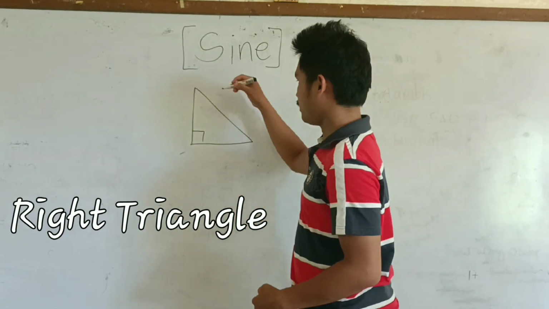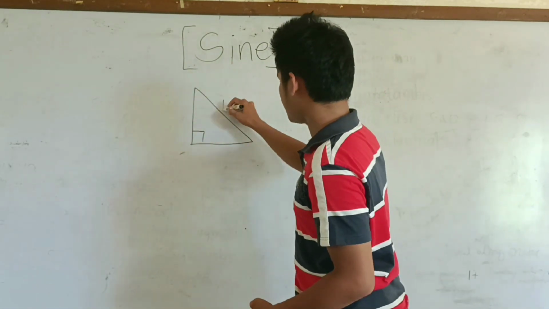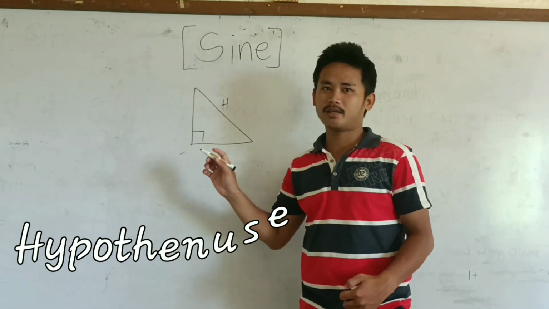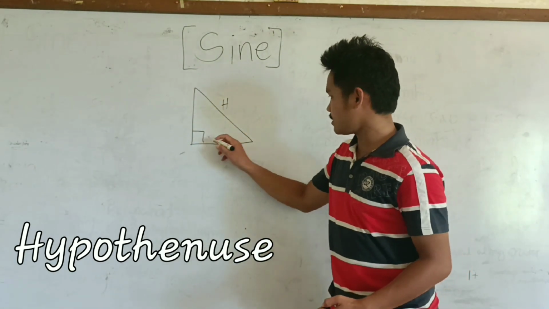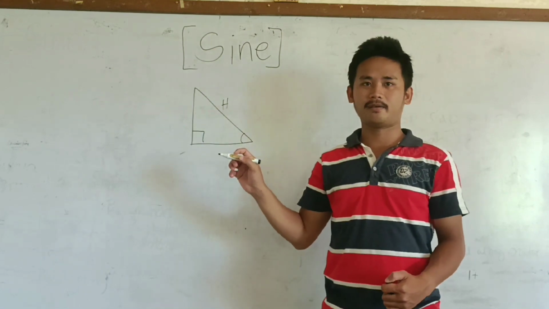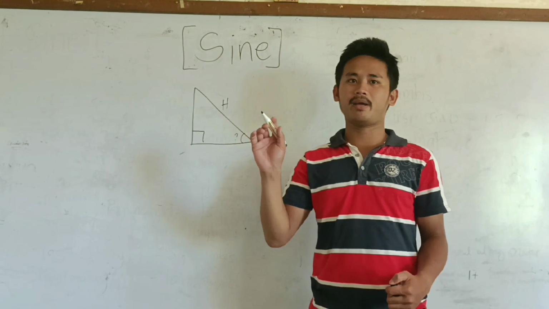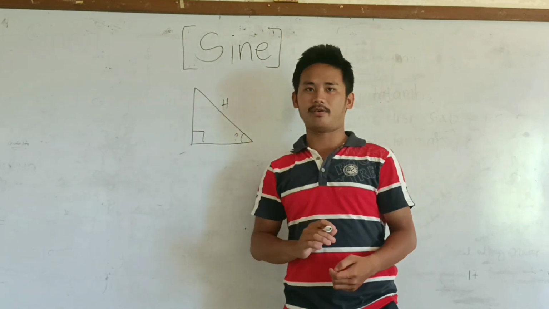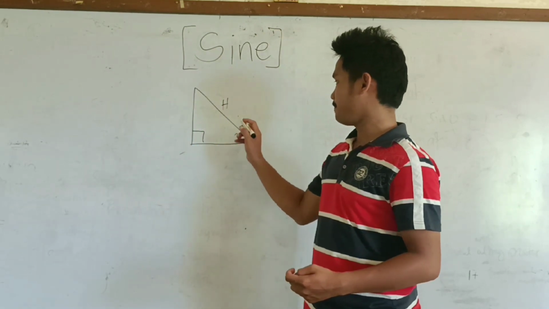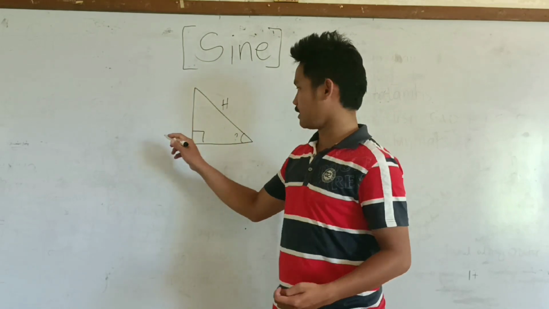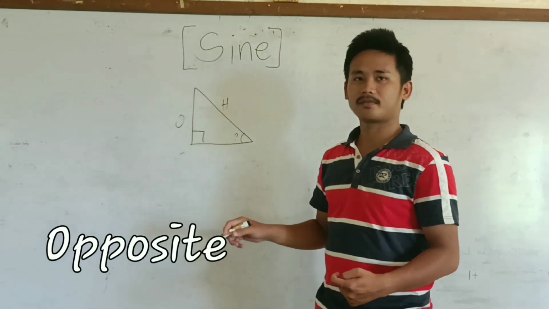Of course, the longest side of a right triangle is the hypotenuse. And this angle is the one we want to find, which is the main objective of sine, and the side across from the angle is the opposite side.